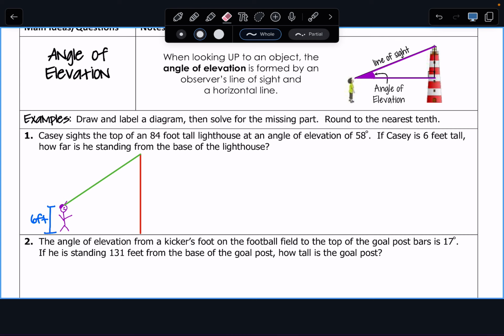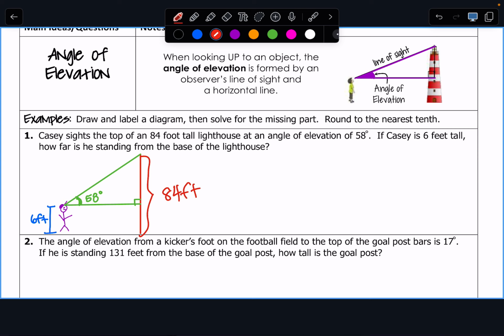Well, Casey would normally be looking this way. So when we're describing the angle of elevation, we are talking about 58 degrees. Now our light tower is 84 feet tall.